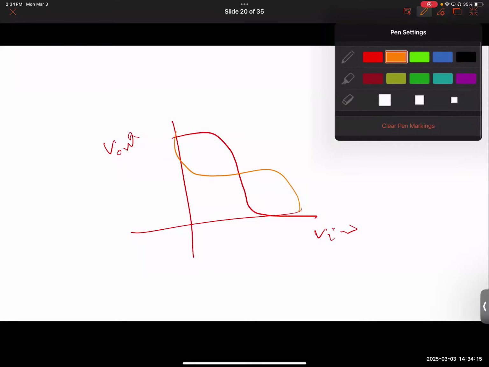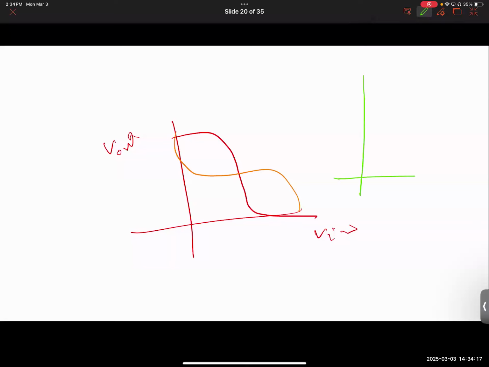For an NCFET inverter, if you get negative capacitance, this is what happens, V out versus V in. For forward sweep, you get this path. But the same inverter, remember, when I flipped it over, this was inverter 2, and this was inverter 1. So two curves represent different inverters, not the same inverter.